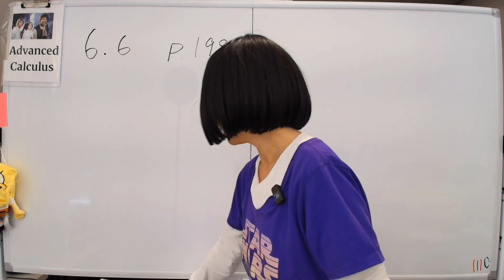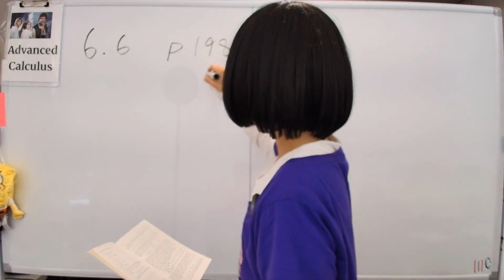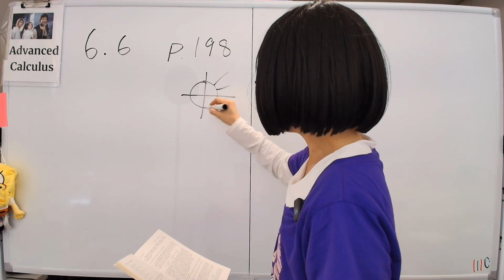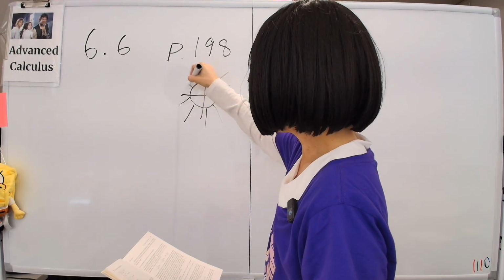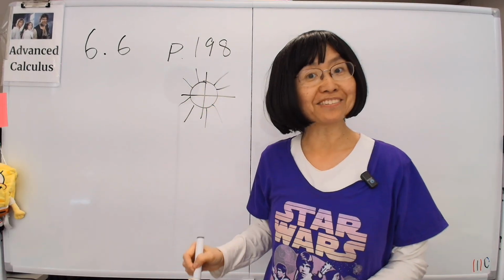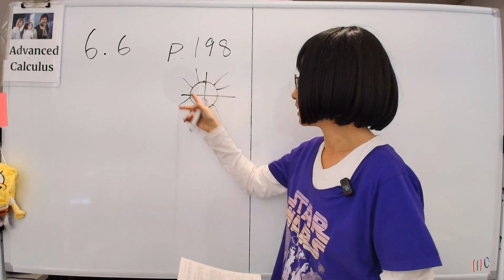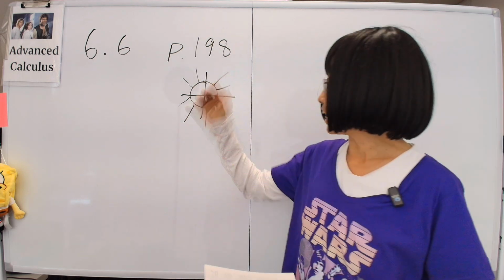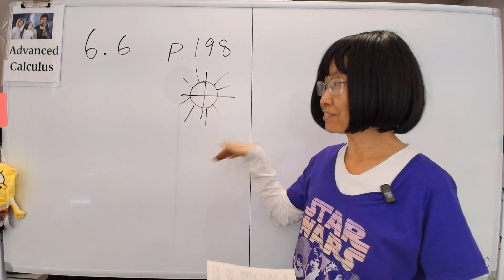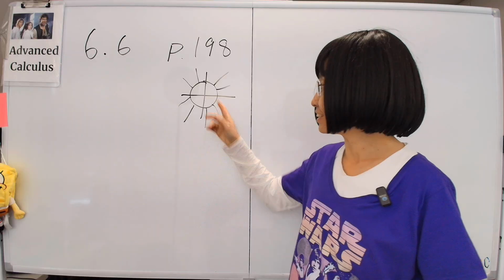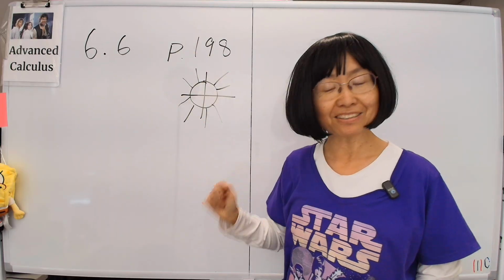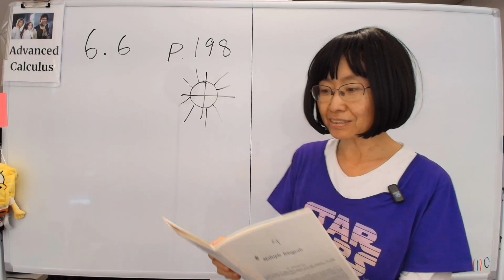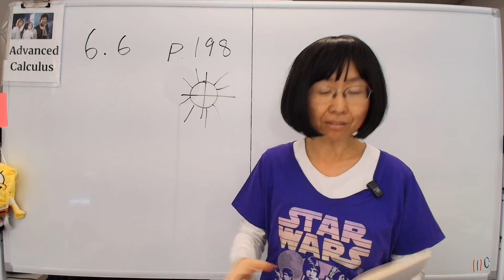For example, the region bigger than the unit circle, including the unit circle, is a closed unbounded region. It extends to infinity and contains all its boundary points. So infinite regions can still be closed.